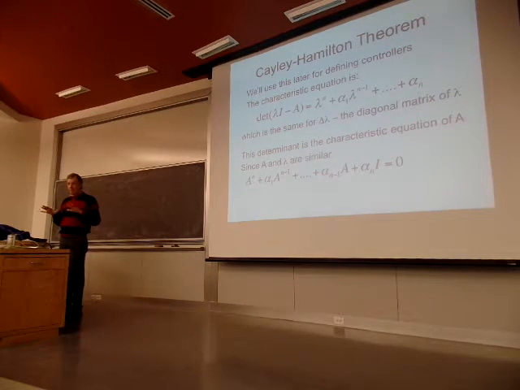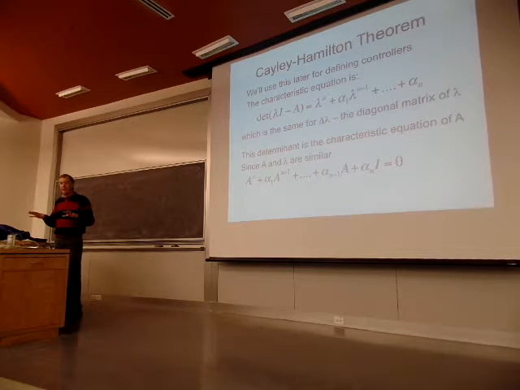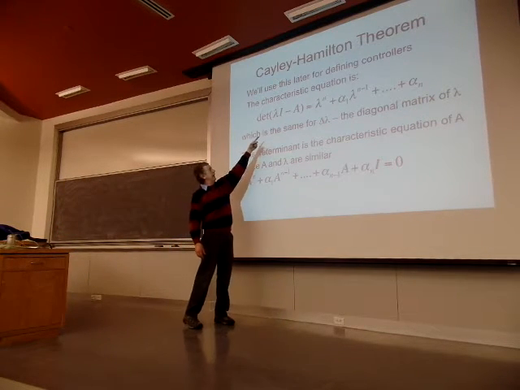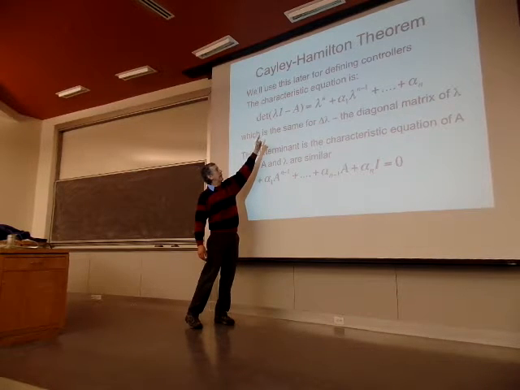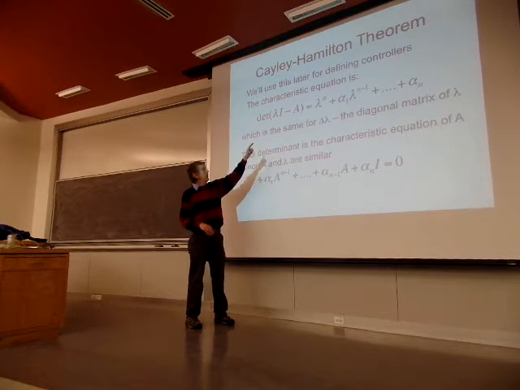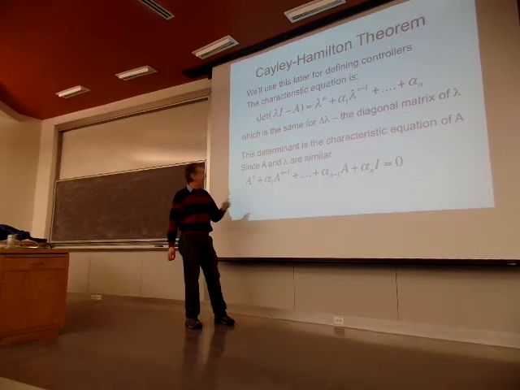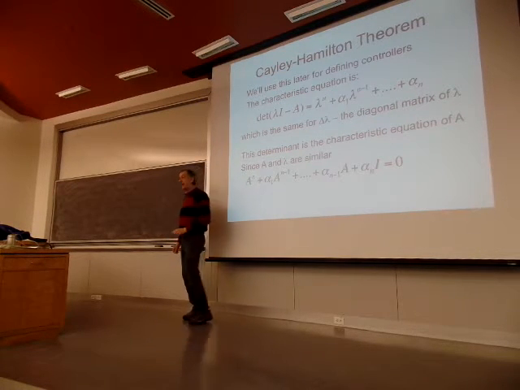Right? Does that feel good for you? I can do that? And it's because they're similar. Lambda I and A are similar, therefore, if the characteristic equation I can write in terms of all these powers of lambdas, I can do the same thing in powers of A.